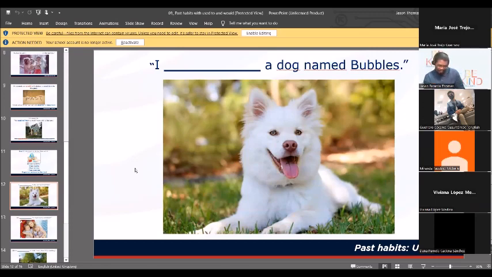With used to. I used to... What's your verb? ¿Qué verbo?